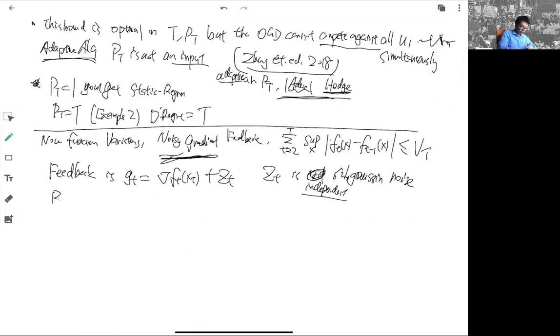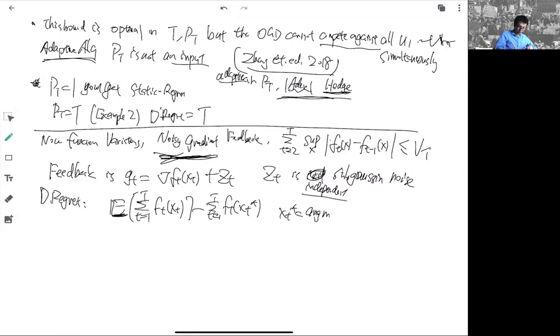The regret that they define is in some sense an expected regret, since this is the stochastic gradient setting. The regret is the sum from t equals 1 to T of ft(xt), where the expectation is taken over the randomness in the noisy gradient you receive, minus the sum of ft(xt star), where xt star is equal to the argmin of ft(x).